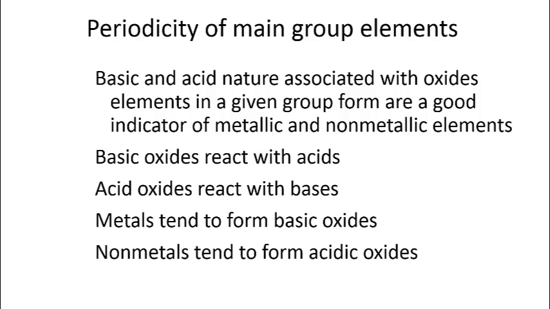A basic oxide is one that will react with an acid, and an acidic oxide is one that will react with a base. Now, most metals tend to form basic oxides, whereas most nonmetals tend to form acidic oxides. An amphoteric oxide is one that will exhibit both basic and acidic properties.